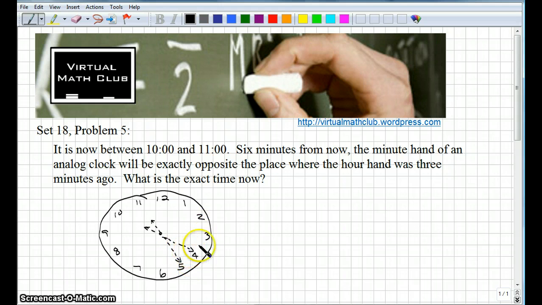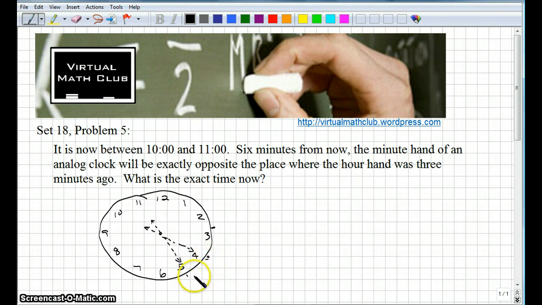So we know that 6 minutes from now, it's going to be somewhere between the 4 and the 5, because that's going to be opposite of where the hour hand is. Okay, so 6 minutes from there has to be somewhere back here. So at the minimum, it's like here, because this is 5 minutes, so 6 minutes would be about here. And 6 minutes from here is about here.